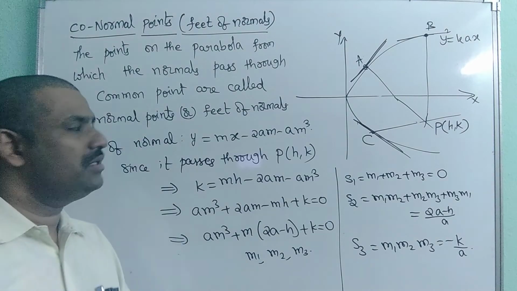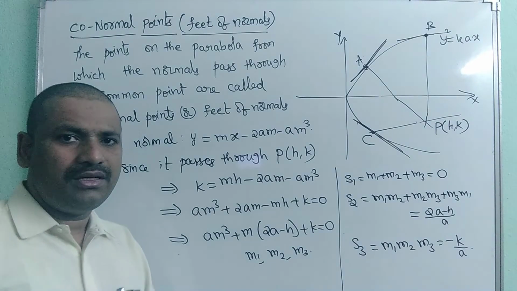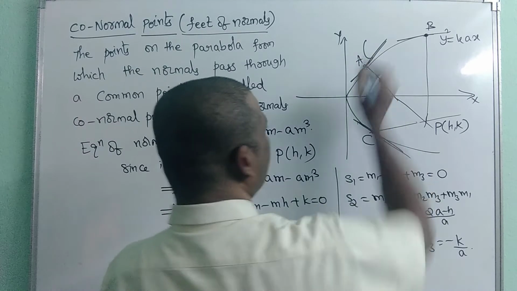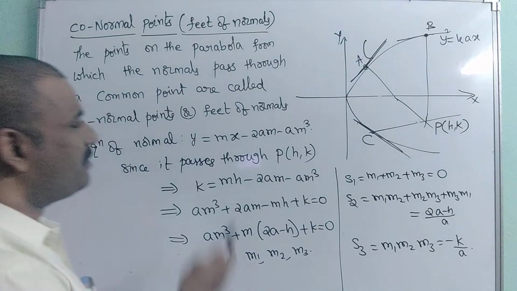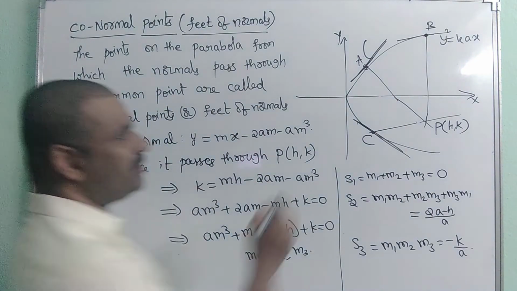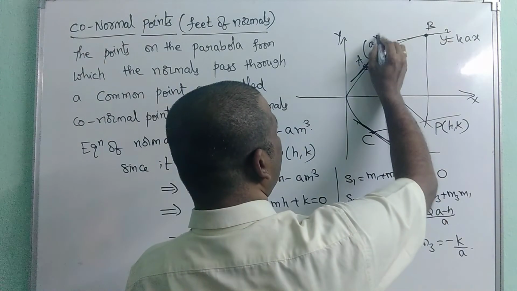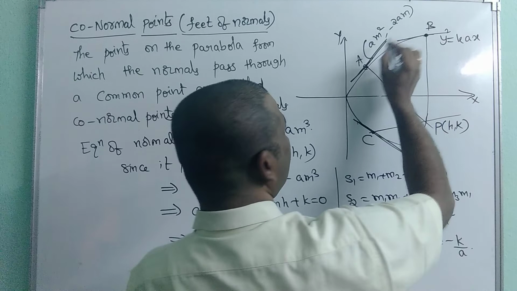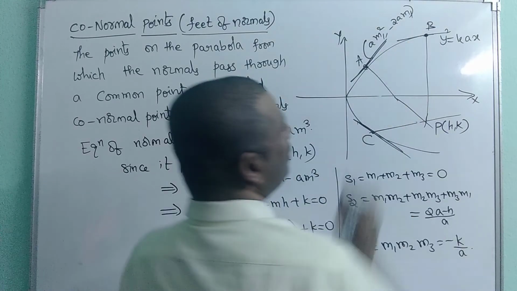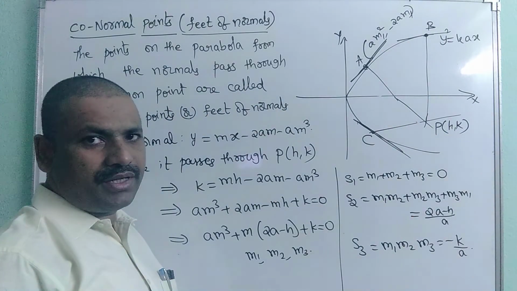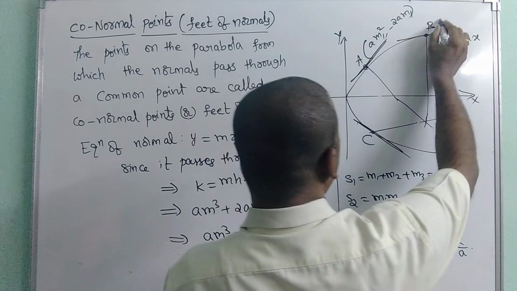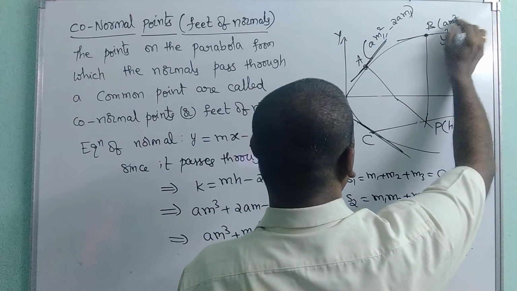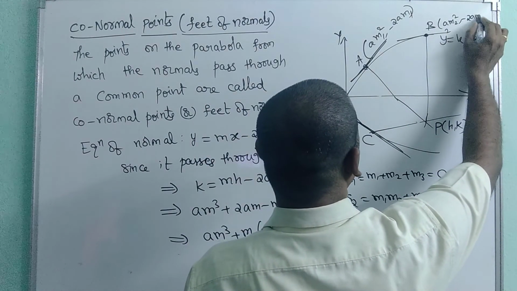So what are the points A, B, C? If this is the equation of normal in slope form, then the point A is am1 square comma minus 2am1. The B point is am2 square comma minus 2am2.